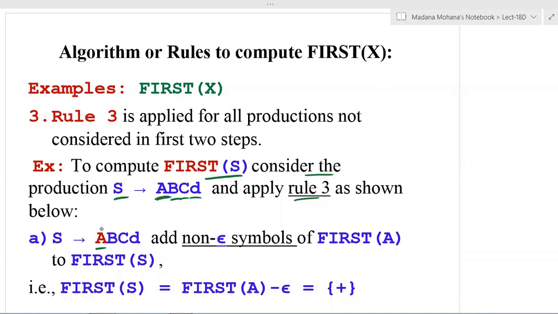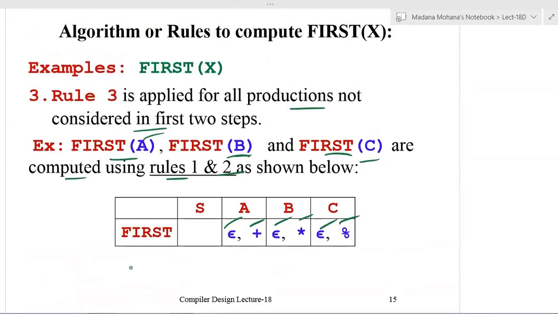Now here A contains null. That's why you have to add non-epsilon symbols of first of A to first of S. In the previous step, we already calculated first of A. First of A equal to null comma plus.